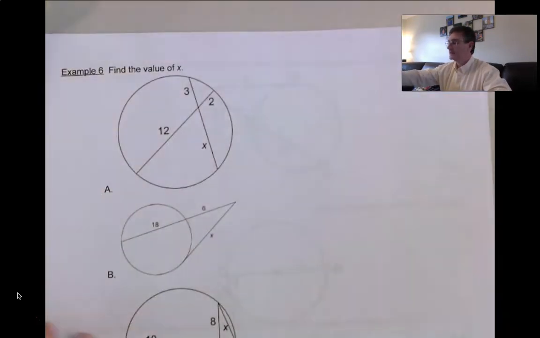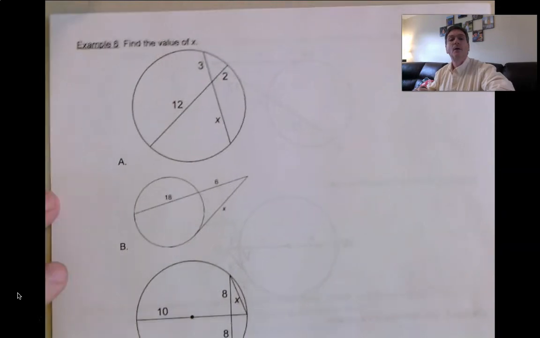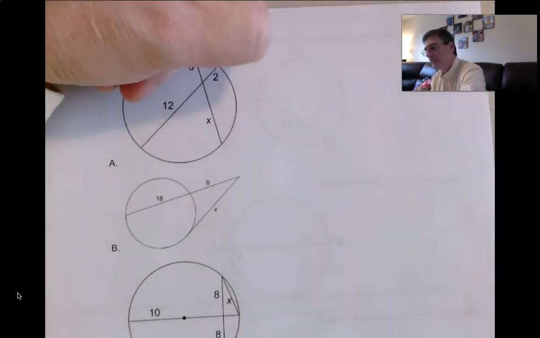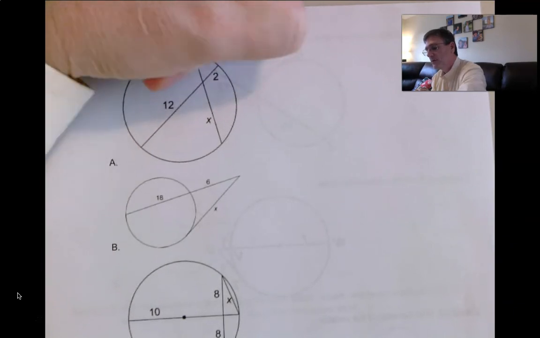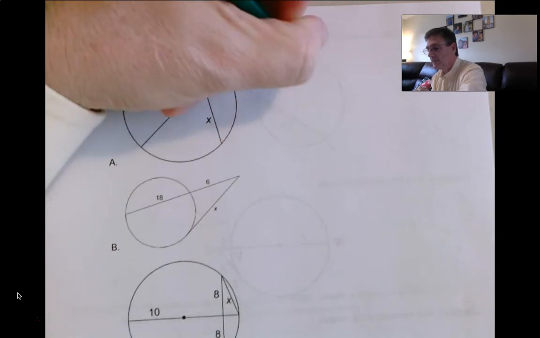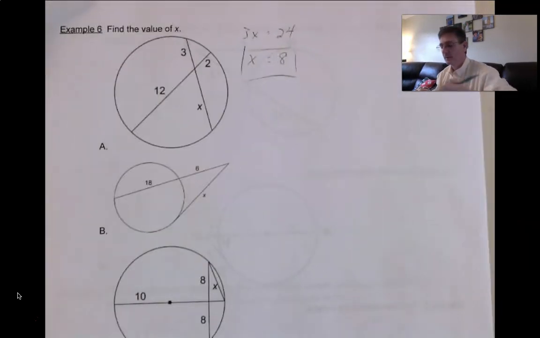B, example 6a. Now we've got 3 times x is equal to 2 times 12. 3x equals 24. X equals 8. Okay.